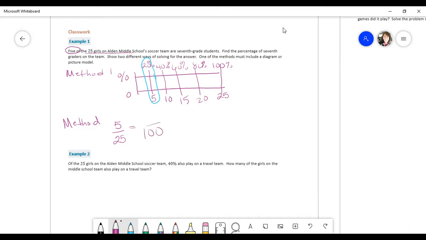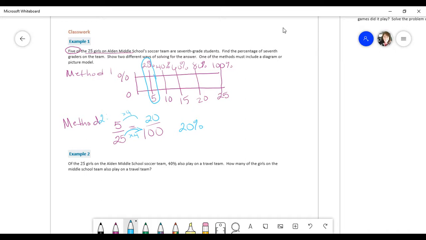I like to do it this way, and then I can ask myself, how do I get from 25 to 100? I multiplied by 4 because there's 4 quarters in a dollar. So I multiply 5 by 4 and get 20. And I know that 20 out of 100 is 20%. So this is the method that I normally use.